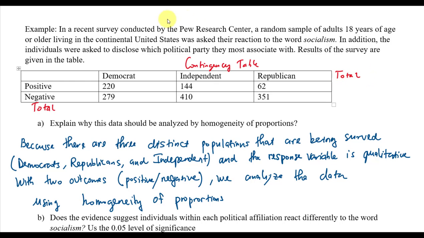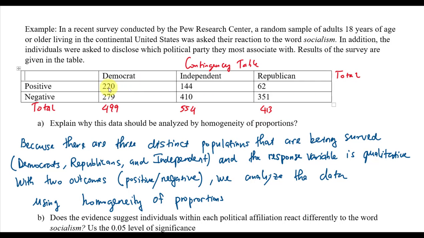So if I add 220 and 278, I get 499. And if I add these two, I get 554. If I add these two, I get 413.